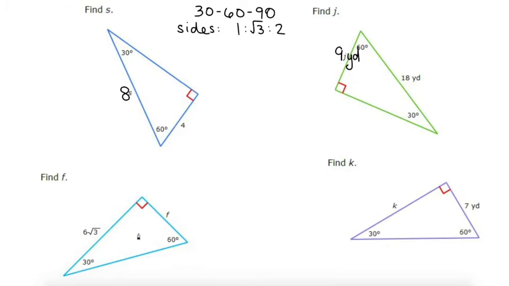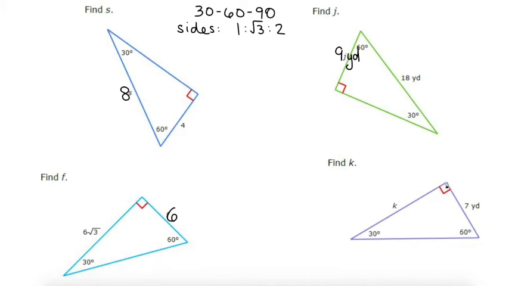And now here, at the bottom left, we're dealing with the long leg, and we know that the long leg is 6 times the square root of 3. That square root of 3 is in our ratio for the long leg. So we know the short leg length is just going to be the number that is multiplied by the square root of 3 there, which is 6. So that tells us that our short leg will be 6. What about the other way around?